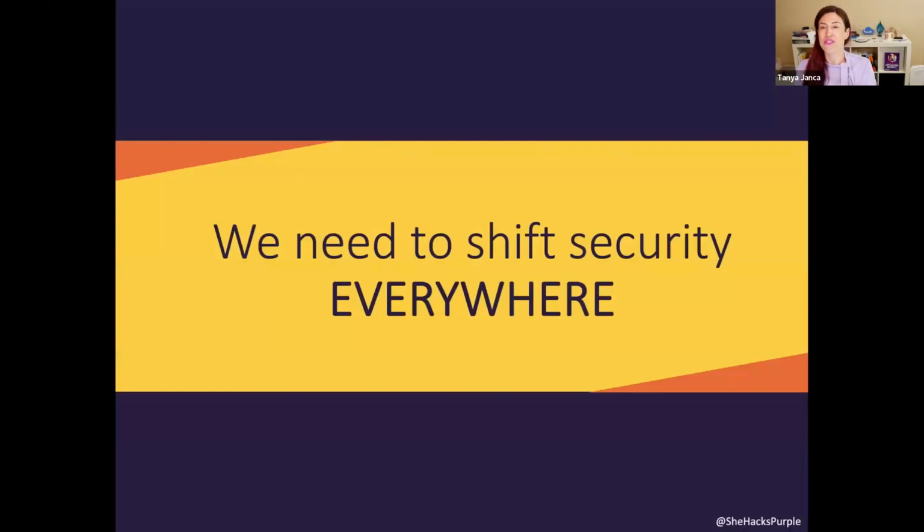We actually need to shift security everywhere. And so I'm going to give a whole bunch of information about how we can make sure we secure the SDLC. We can make sure we secure it after it's out in the world, in production, and probably on the internet. And how can we make sure everyone else in the business doesn't hate us and our policies and what we're doing? And so I hope that this is in line with what you're hoping to learn today, and I hope I can offer helpful information.